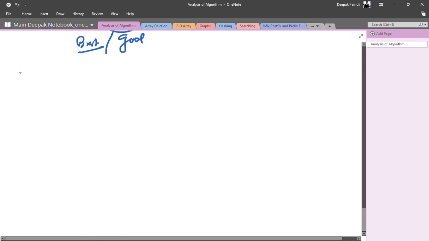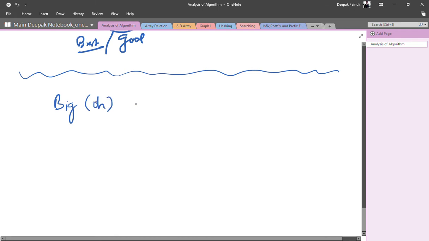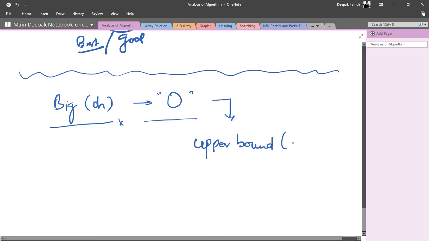First, we have the notation big O, which is represented by big O. As we already told you, it will signify the upper bound, or we can say the at most case, or the worst case of an algorithm.